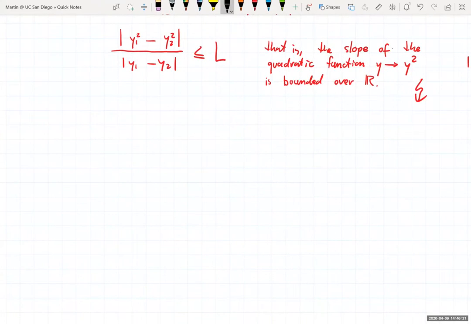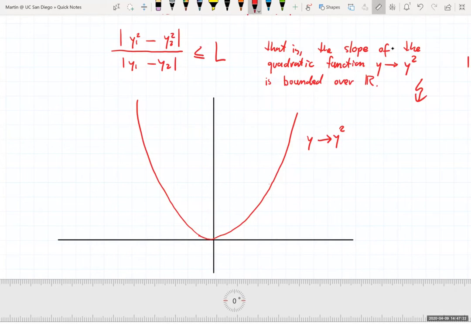This can actually be seen by using a small graphic. If I graph this function y mapping to y square, then I see that if I take 2 points as inputs, let's say y1 and y2, and I try to find the slope of the secant through the graph at y1 and y2, then as I move y1 and y2 further and further apart, the slope of that secant actually becomes infinitely large.